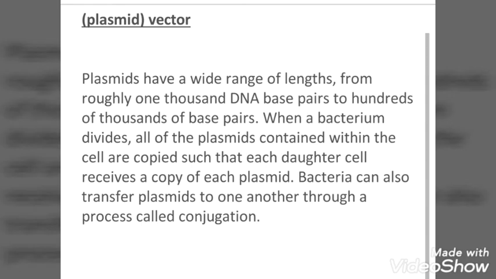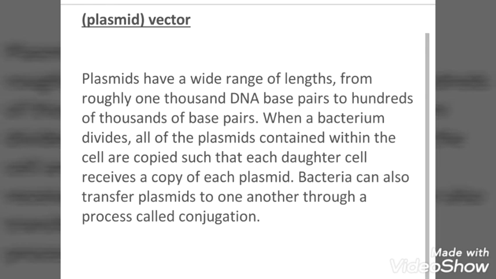This ring-like DNA has some characters. Plasmids have a wide range of lengths, from roughly 1000 DNA base pairs to hundreds of thousands of base pairs.